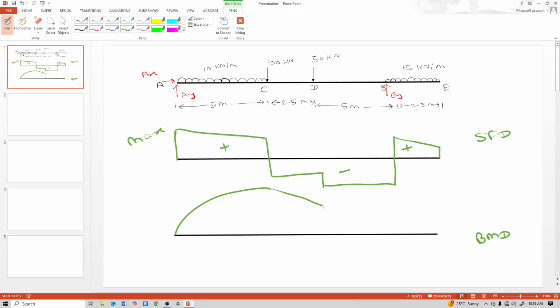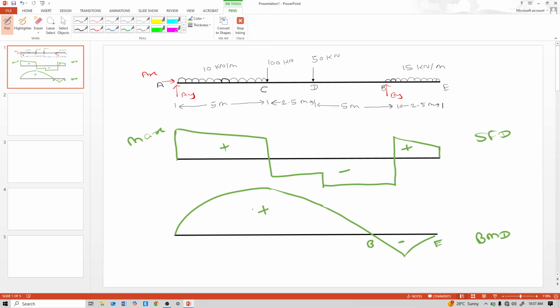D to B also no load, so again an inclined line. And B to E also UDL, that means a parabolic line. And why did I draw between this B to E portion downward, negative bending moment? Because the deflection of this BE portion is hogging. That's why hogging moment generates. Hogging means negative.